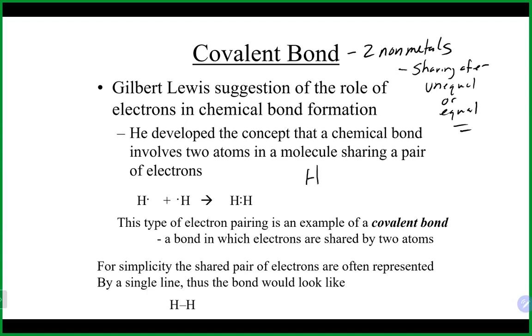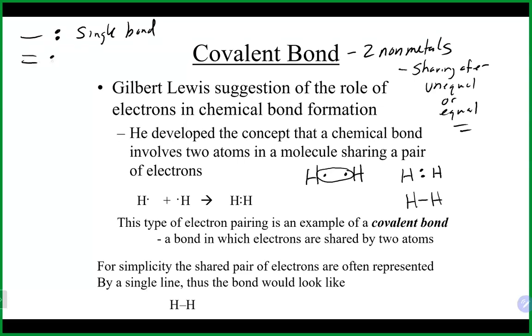So if we took a hydrogen atom and put it together with another hydrogen atom, they clearly would share all the same periodic trends since they're the same element. What's going to happen is these electrons here will actually be shared between the two. You could represent it as dots. You could also represent it with a line. One line represents 2 dots or 2 electrons, a pair of electrons, and that's a single bond.